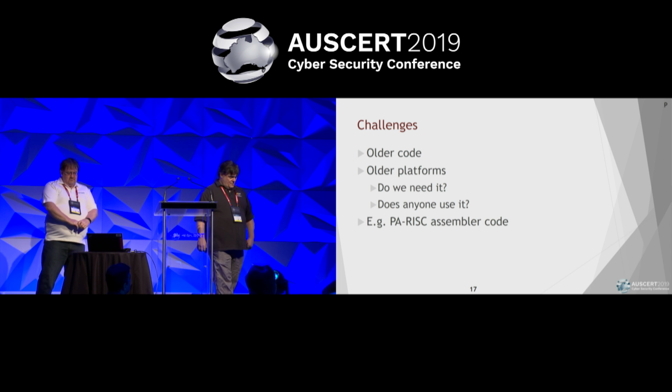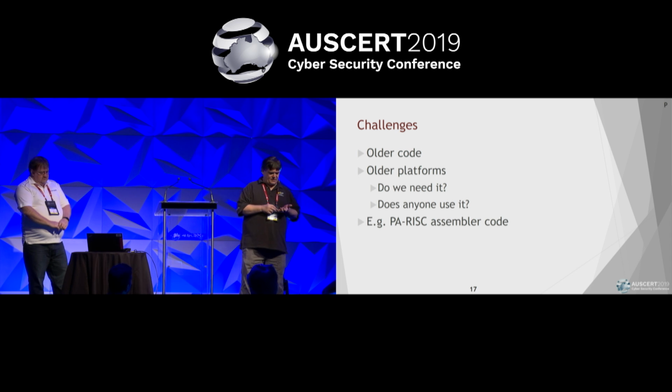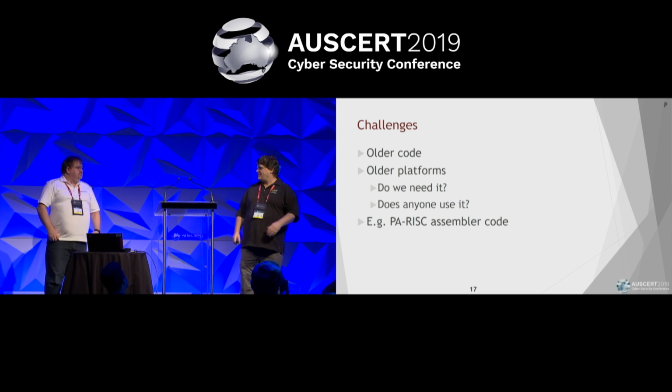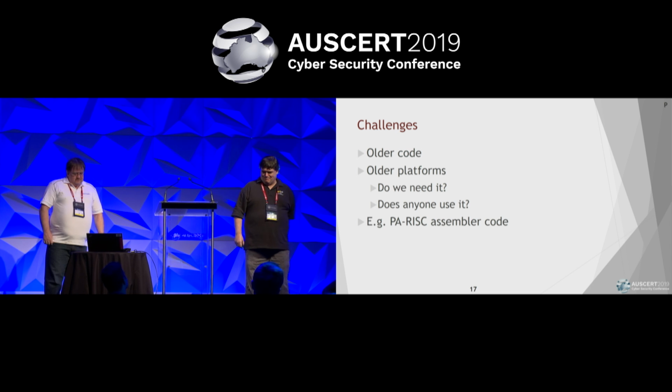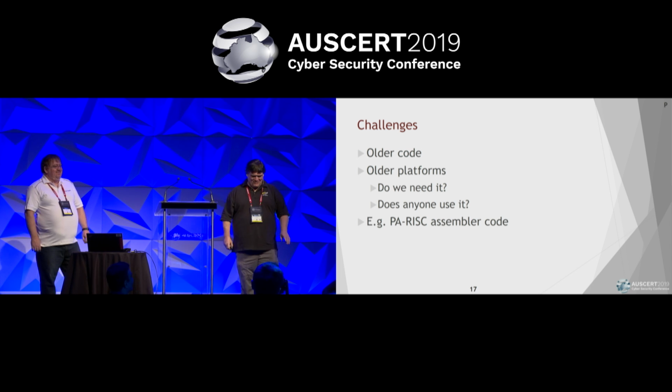Okay, to do this, there's a number of challenges. OpenSSL has a lot of old code. It supports a lot of old platforms. It supports more platforms than we really know about. You know, does anybody use PA-RISC? Any show of hands? Yeah, I knew there'd be one. There always is.